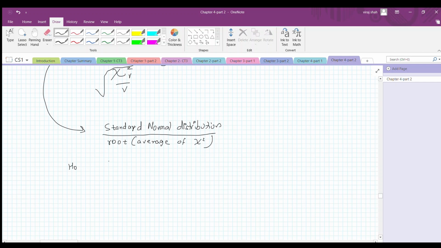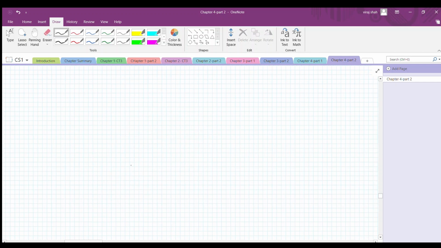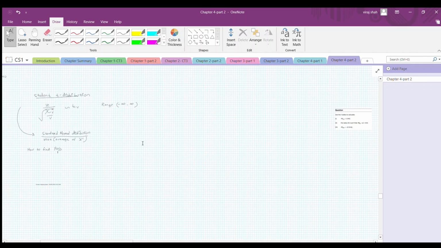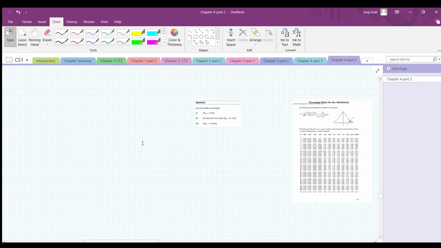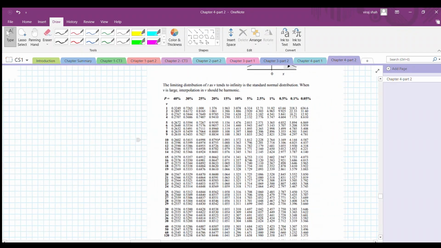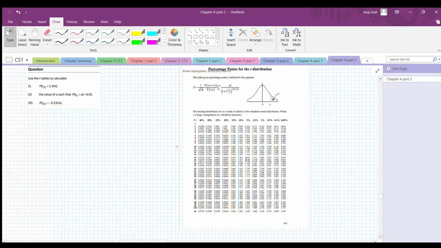How to find probability? I have pasted one picture regarding the textbook, or you can say the formula and tables. It is written for the T distribution, on page number 163. Okay, anybody can view it.